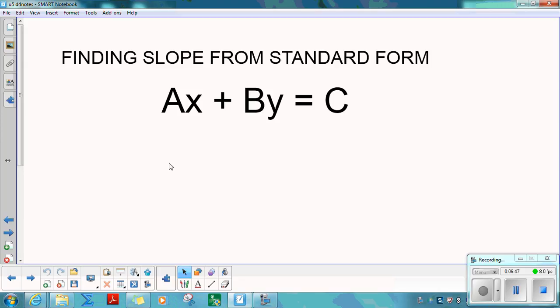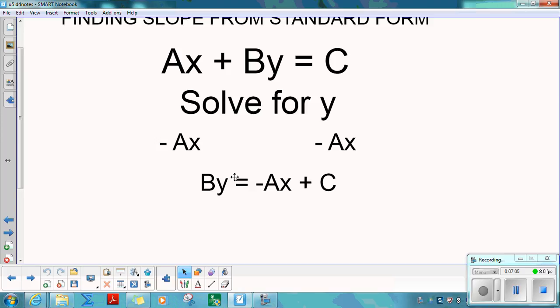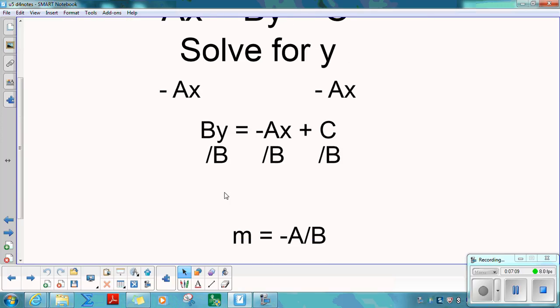All right, so here I'm going to show you a trick to help you find slope for standard form. This is standard form, but if I didn't have any numbers and I was trying to get it in slope intercept, I'd be still trying to get y by itself. So I'm going to subtract ax from both sides. I get by equals negative ax plus c. Divide everything by b.